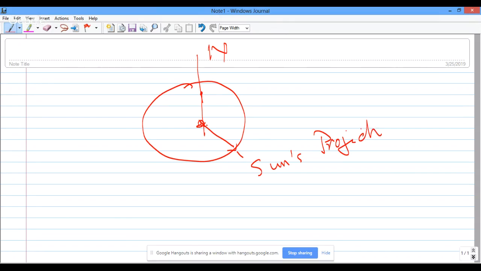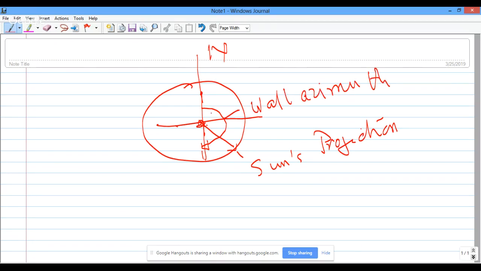Say sometime in the morning, and my wall is facing, let's say for simplicity, south. So normal to the wall is here. So wall azimuth is simply this, and this is the solar azimuth.